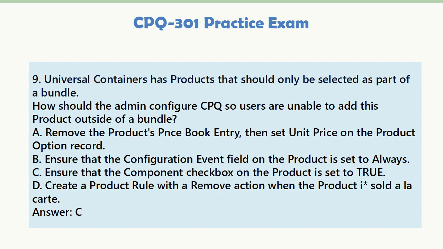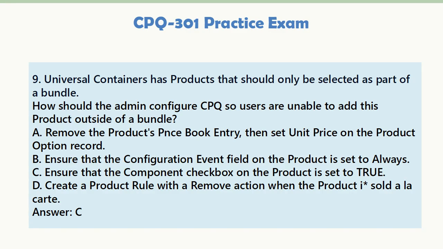9. Universal Containers has products that should only be selected as part of a bundle. How should the admin configure CPQ so users are unable to add this product outside of a bundle? A. Remove the product's price book entry, then set unit price on the product option record.